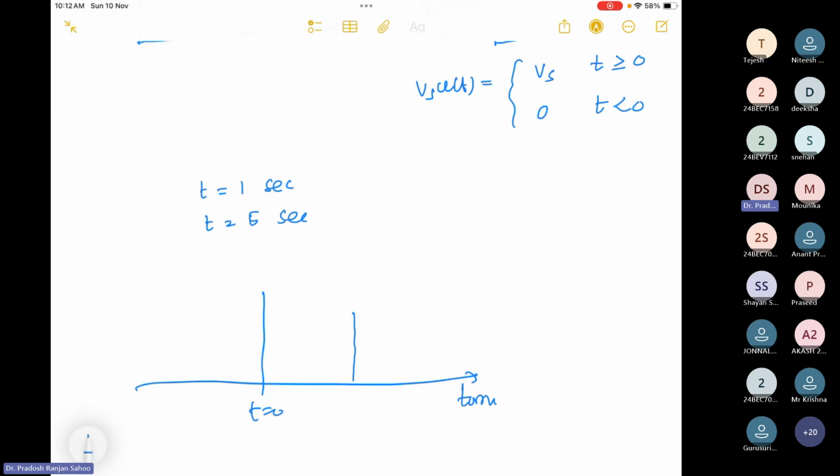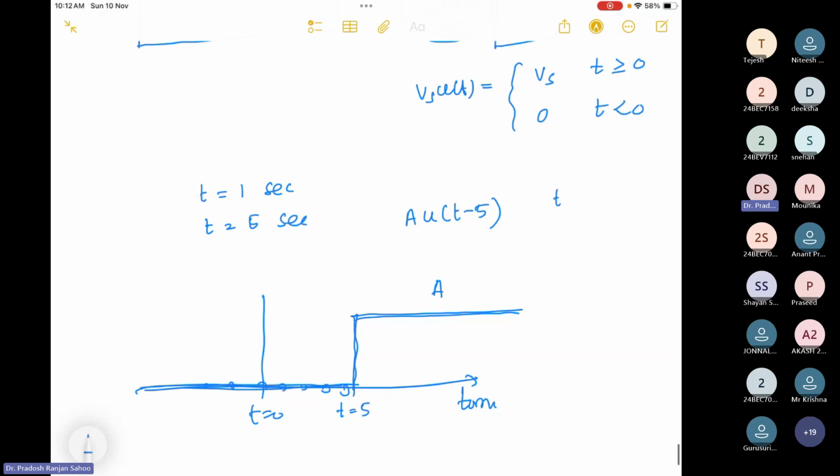That means for t greater than 5, the circuit has a value of A, and before that, at 4, 3, 2, 1, 0, -1, -2, the value will be 0. This type of signal can also be represented in terms of the step signal. So I can represent it here as A u(t minus 5).